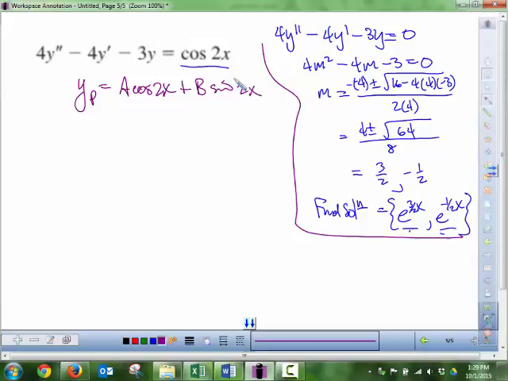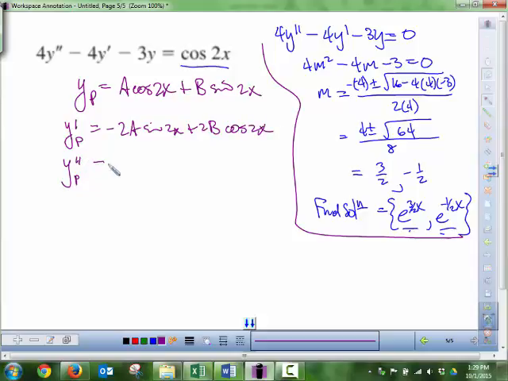So let's see. Let's take derivatives, because we need to put it back into the original equation. So derivative of cosine is negative sine. So negative 2a sine 2x plus 2b cosine 2x.